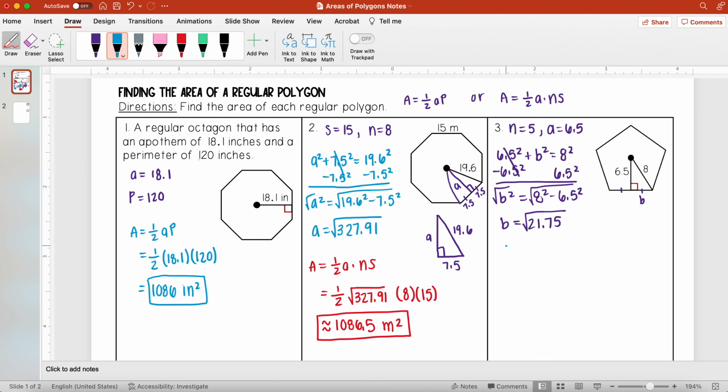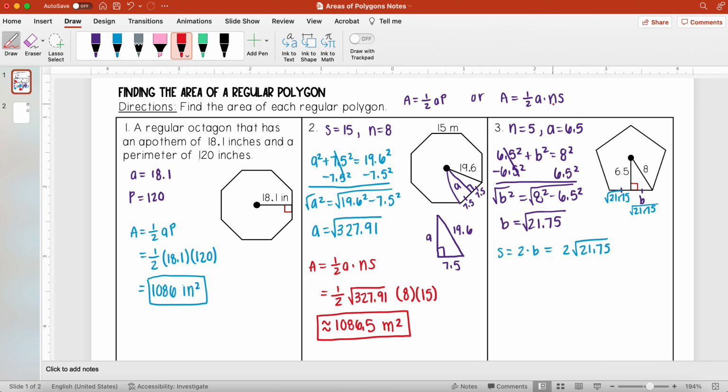However, S is going to be twice that length, because I just found that this part is the square root of 21.75. To find the whole, I need to multiply that by 2. So S is going to be 2 times B, which is equal to 2 times the square root of 21.75.